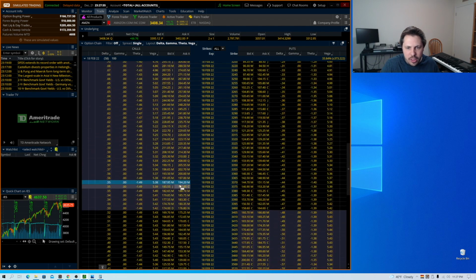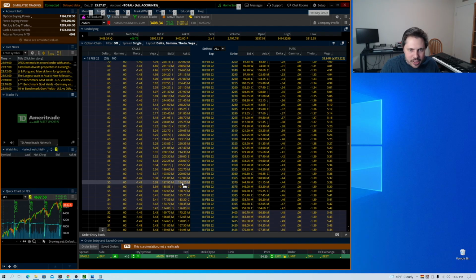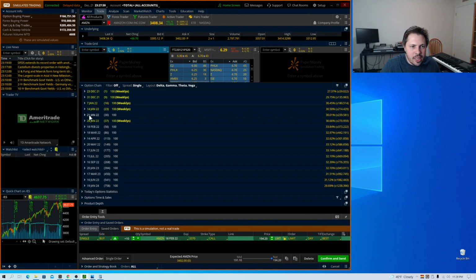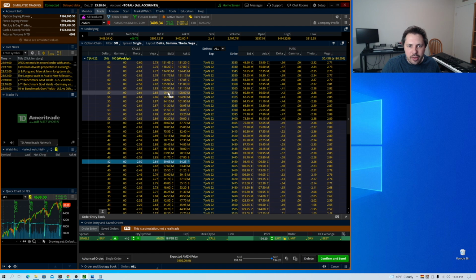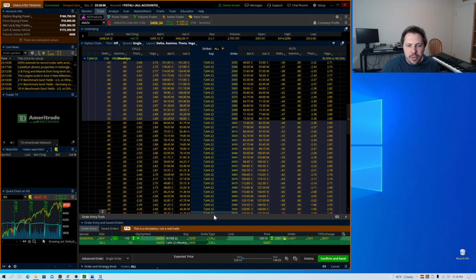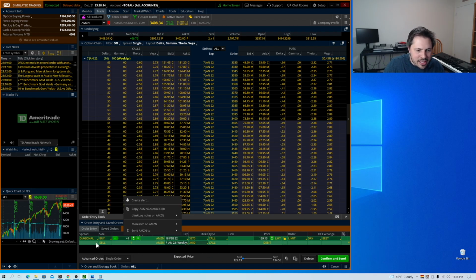We will buy this 3370, and then maybe we again sell this one. So now it's calculating this as what's called a diagonal spread, right?